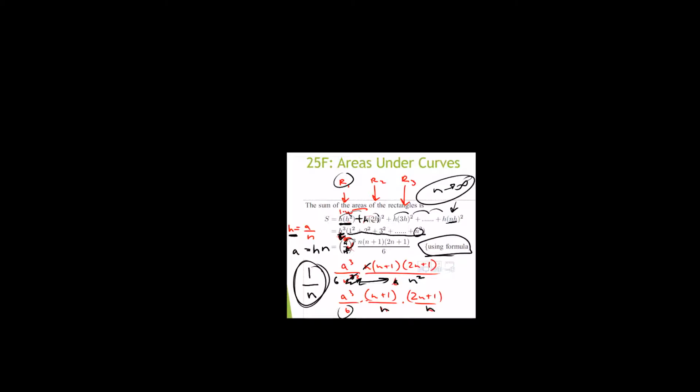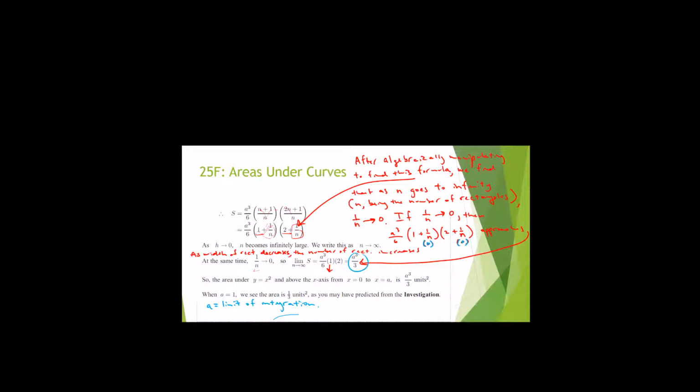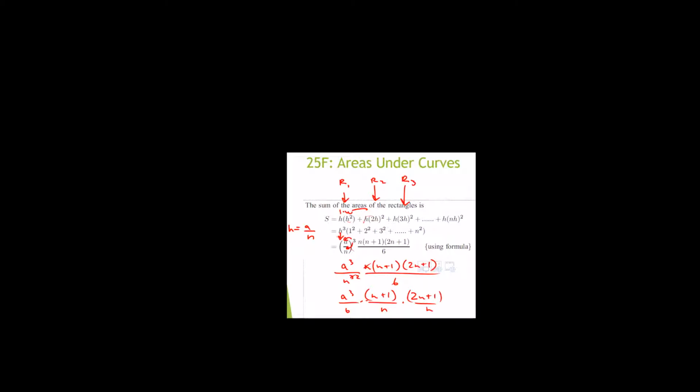Now, hopefully I won't lose you here, but let's look at this next step. What did we do? We took this thing and we split it, and we ended up with n over n, which is just 1, and we ended up with 1 plus 1 over n.